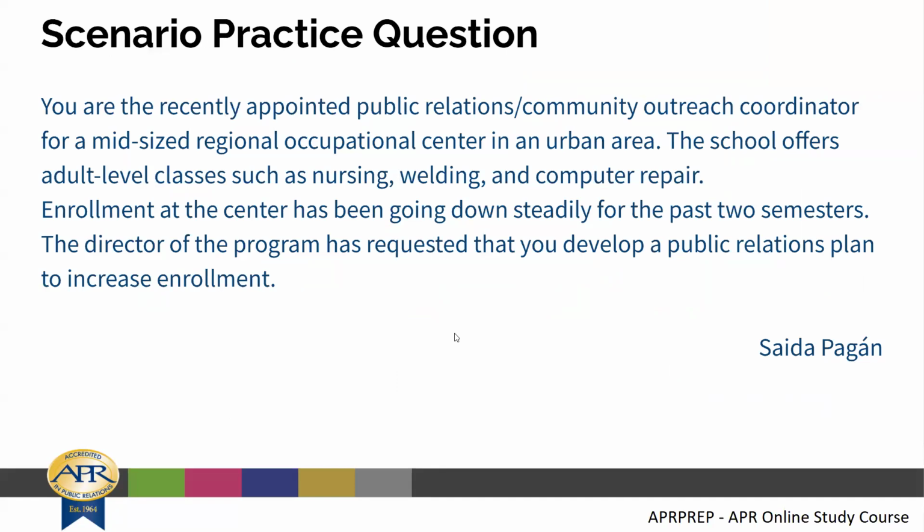All right. You are the recently appointed Public Relations Community Outreach Coordinator for a mid-sized regional occupational center in an urban area. The school offers adult-level classes such as nursing, welding, and computer repair. Enrollment at the center has been going down steadily for the past 2 semesters. The director of the program has requested that you develop a public relations plan to increase enrollment.